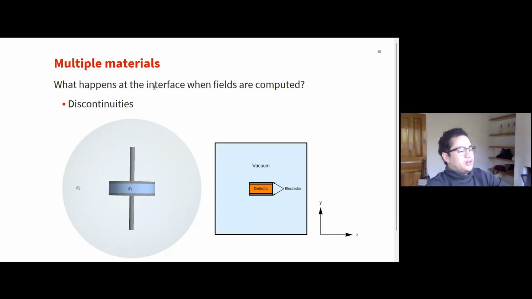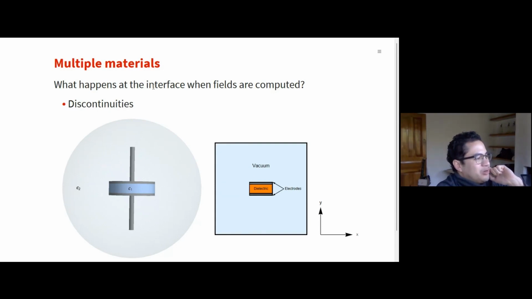So first of all, I want to show you how we are dealing with multiple materials in the electromagnetics context, and in this case, in electrostatics, because there is a really big difference between modeling, for example, in heat transfer and in electrostatics.